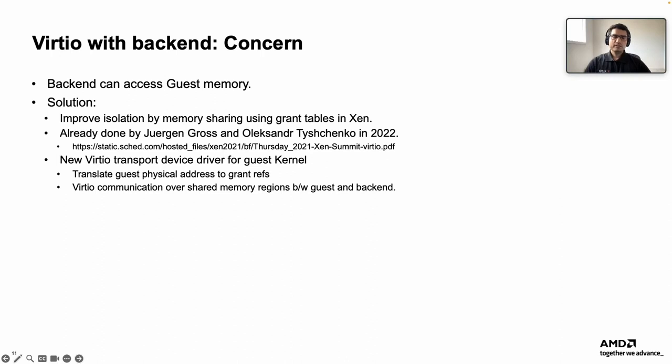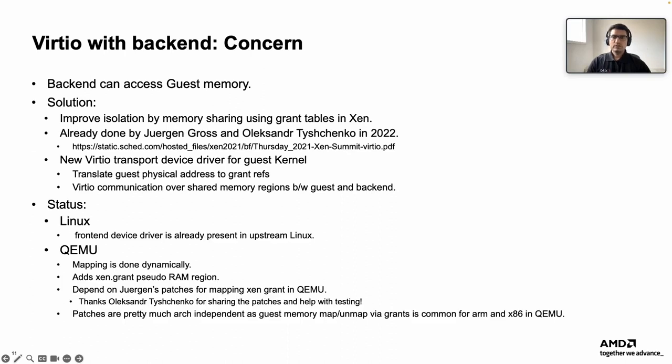This basically enabled VirtIO data path communication over a mutually negotiated shared memory region between the guest driver and the device backend. Now, this improved the isolation as the backend doesn't need privilege over the guest anymore.